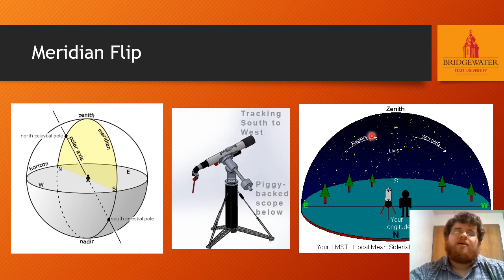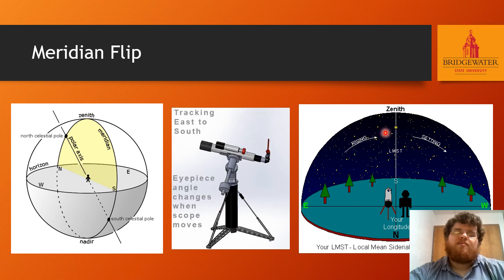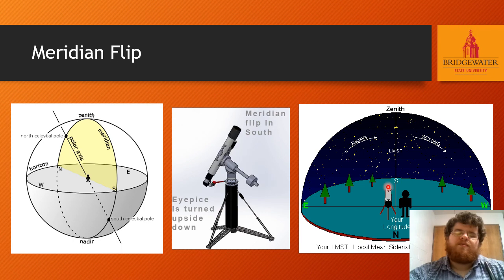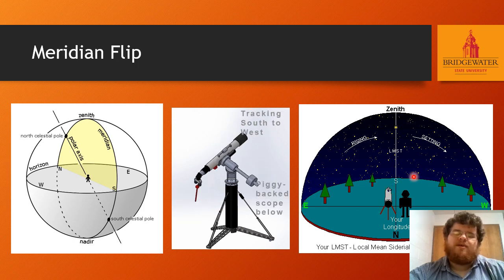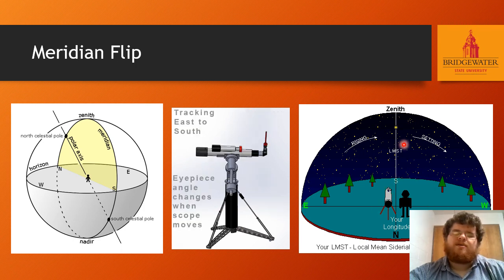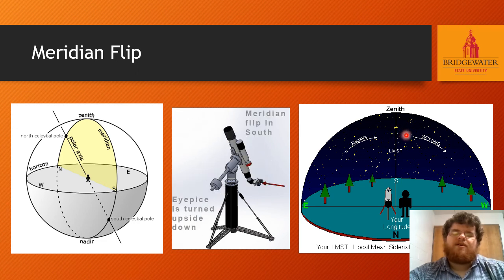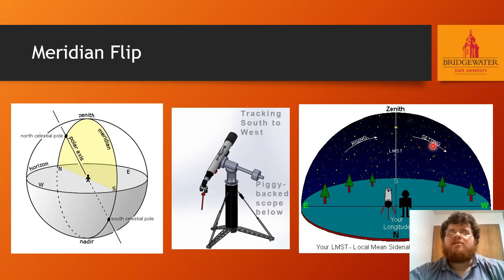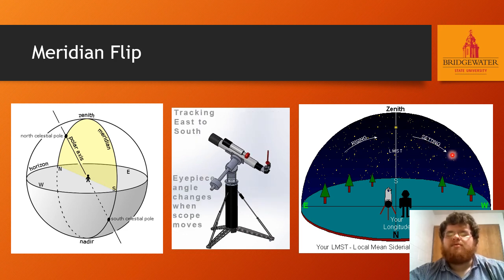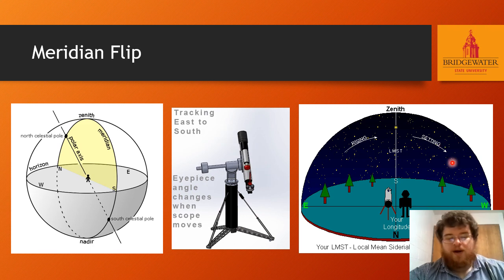I'm using my pointer here. As it gets to the meridian, this telescope has to do a 360 around to loosen up the gears. And then as the target gets over here, you can start observing again until it gets to a certain point towards the horizon.